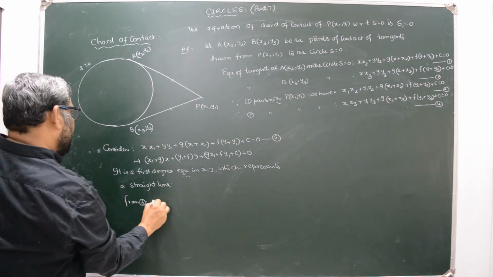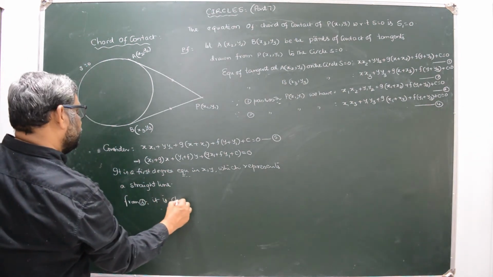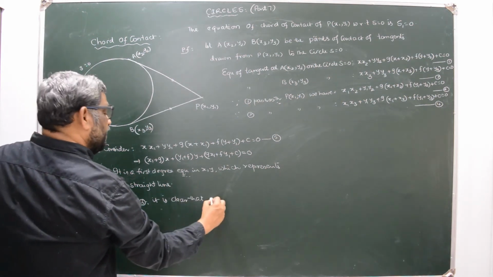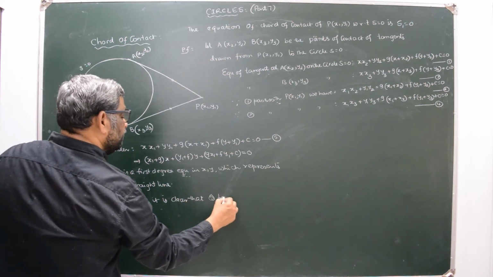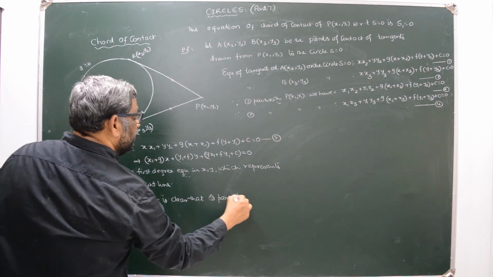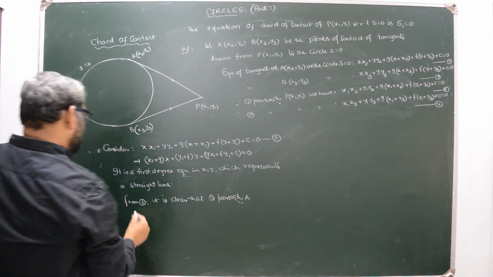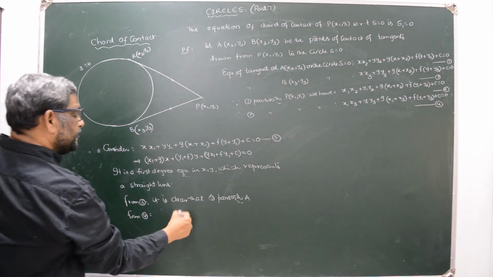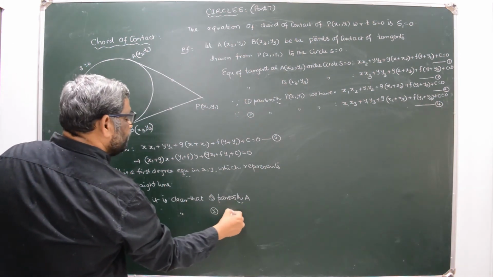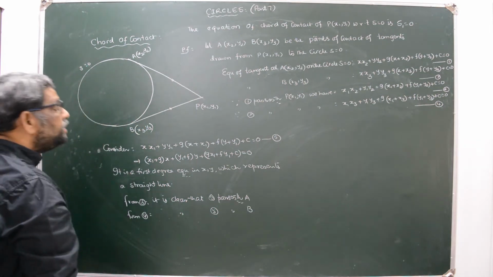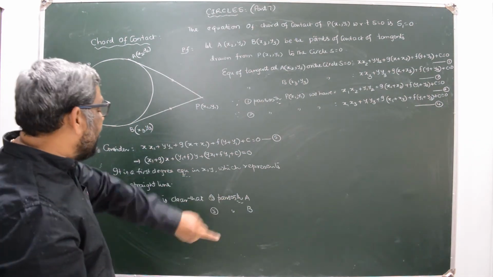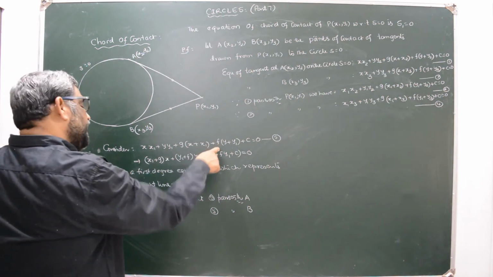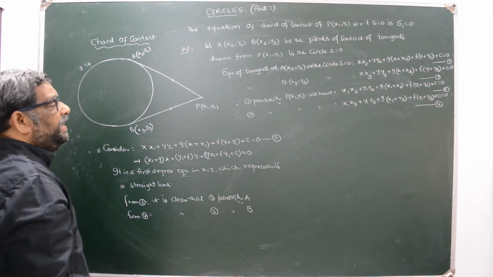From 3, it is clear that 5 passes through A. From 4, it is clear that 5 passes through B. So the 5 is passing through A as well as B, and it is a straight line. So the straight line 5 is passing through both A and B.